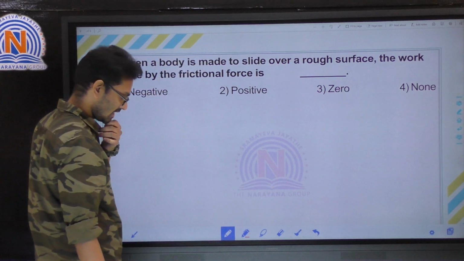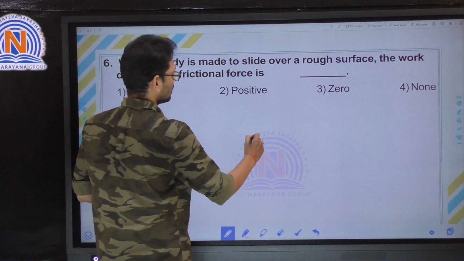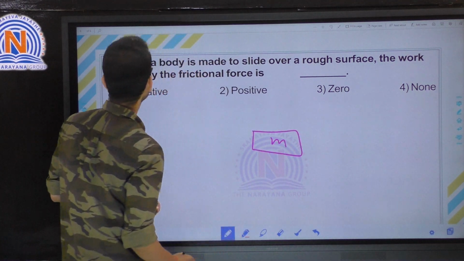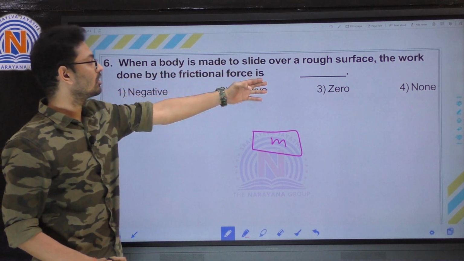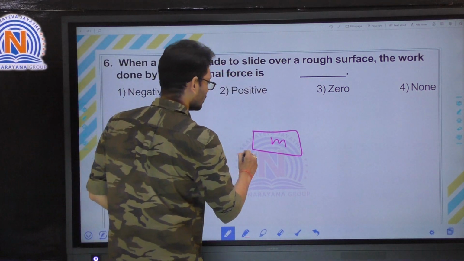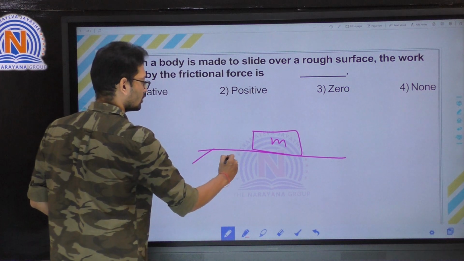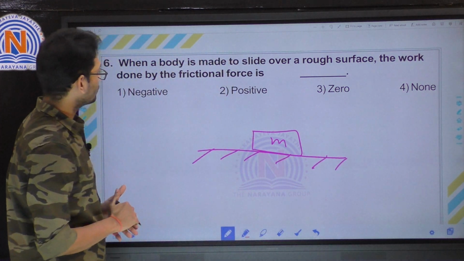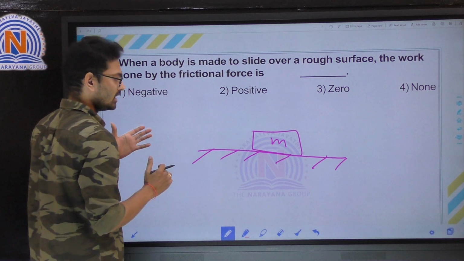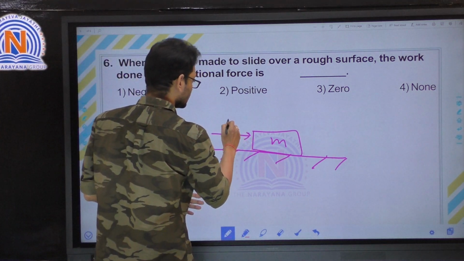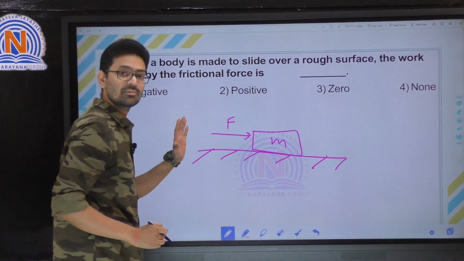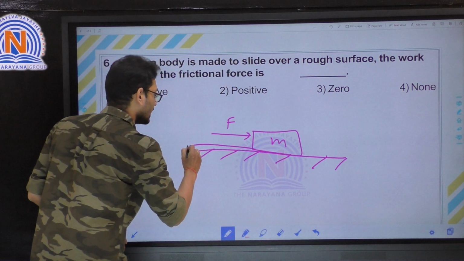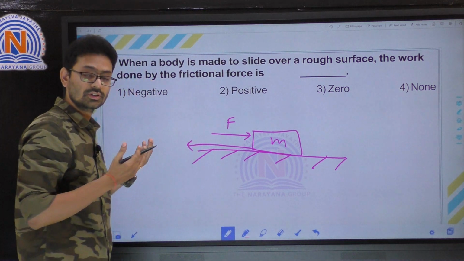Because that decides everything. There is a block. When a body is made to slide over a rough surface, I am going to draw a rough surface over here. Now the work done by the frictional forces. If you try to push this side, let us apply some force F. If the block is trying to move that side, the force of friction will act in the opposite direction to the motion of the body.